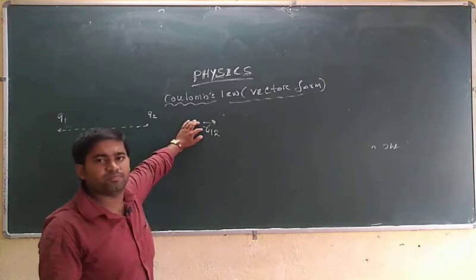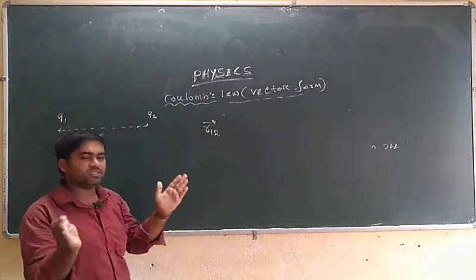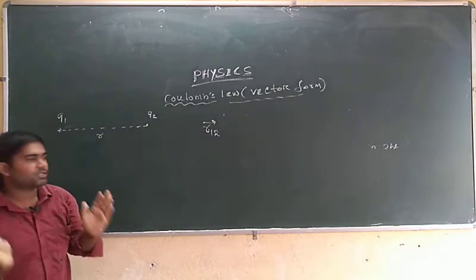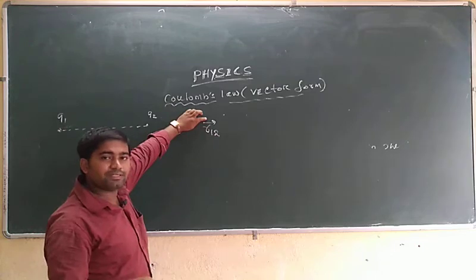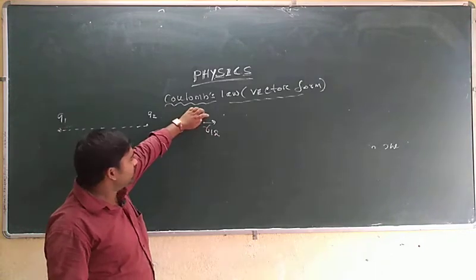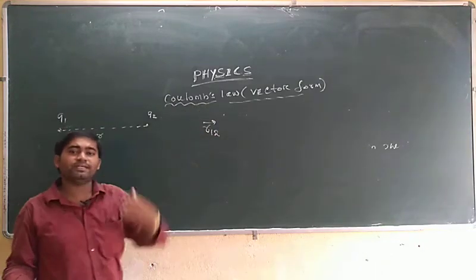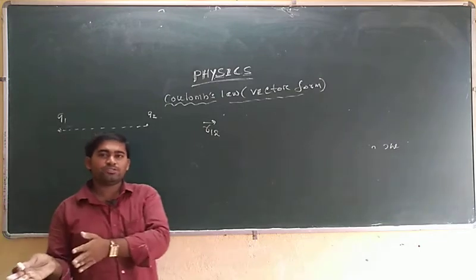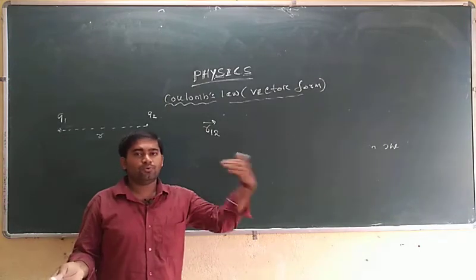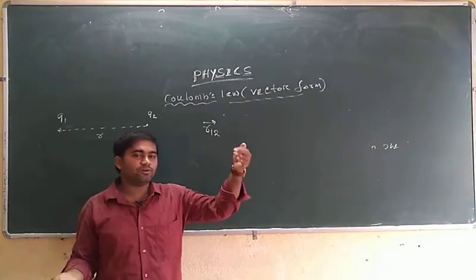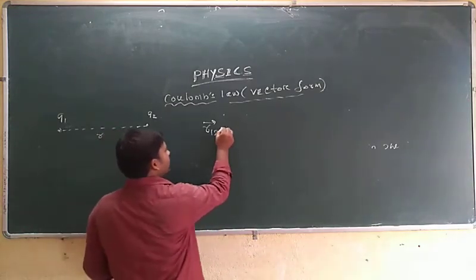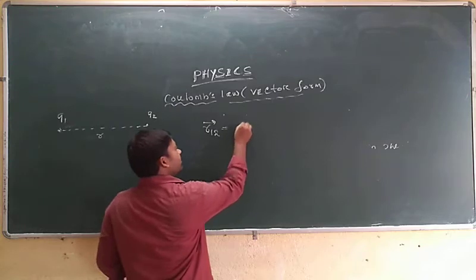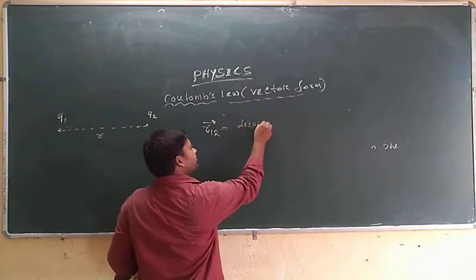R is the displacement between the two charges q1 and q2. When we write R12 vector, there is a vector symbol, so we have to indicate the motion from which we start and towards which we are moving, from the starting point to the end point.